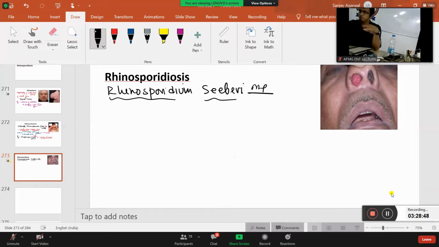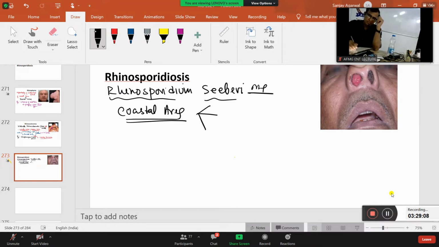And this grows in water bodies, collected water bodies. So this is in coastal areas, seen where the water collects. And so this is seen in people like fishermen, the Barbara fishermen.